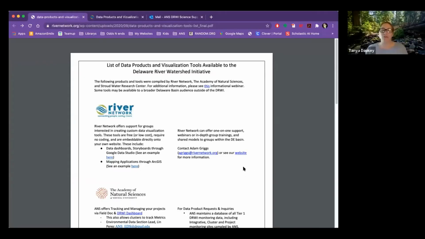Hi, so hopefully everyone can see my screen. I'm going to link all of this in the chat for everybody, and all of these resources will be made available to you after the webinar via email. One of the things that we're going to be including is this one pager that Colleen put together. Thank you, Colleen. It looks really nice. Basically it's a list of the data products and visualization tools that are available to the DRWI.